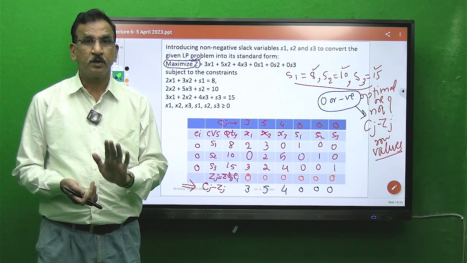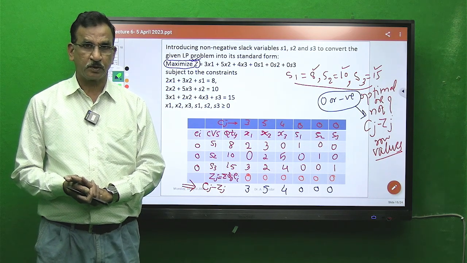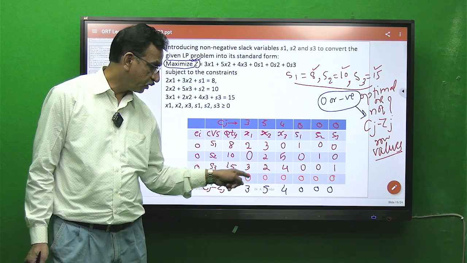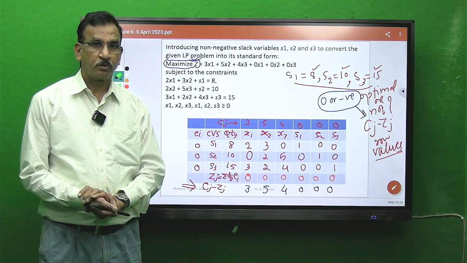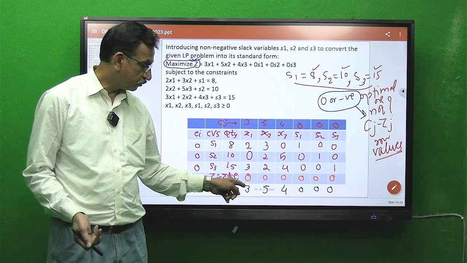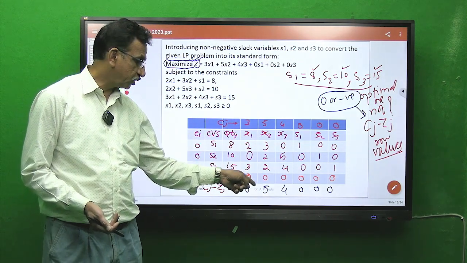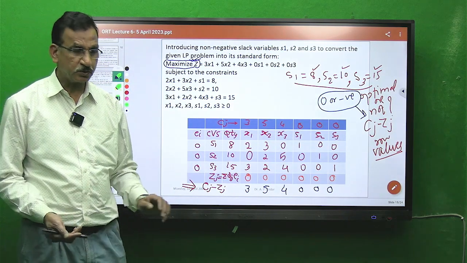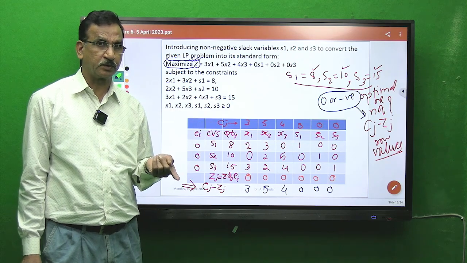We have also seen the steps: we have to select the largest positive value from the available positive values. So amongst 3, 5, 4, the largest is 5, and we have discussed that it indicates something.